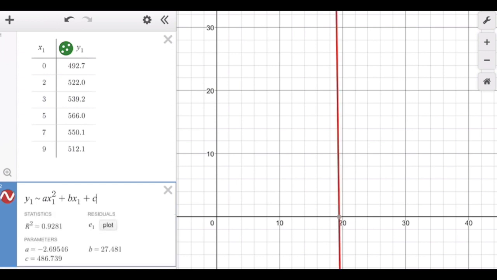Here our r squared value is 0.9281, and it gives us the coefficients of the quadratic form here.